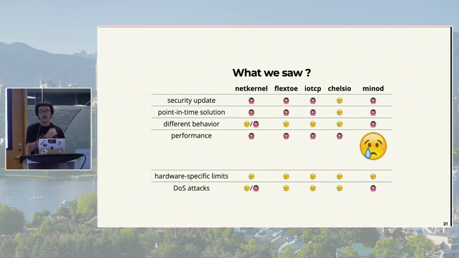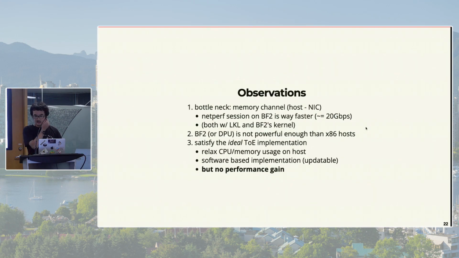So here is the qualitative analysis. Unfortunately, at this moment, we don't have good performance characteristics in the Mino implementation. If we look more closely at the result that we obtained, the bottleneck might be the private memory channel between the host and NIC that we implemented.